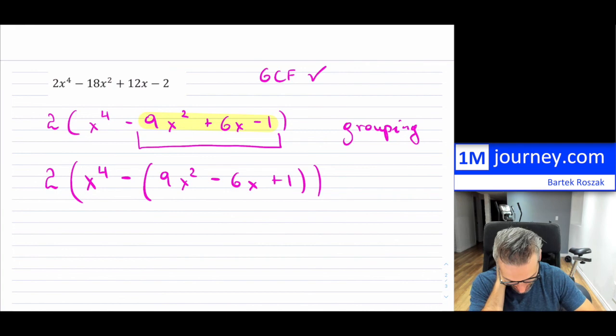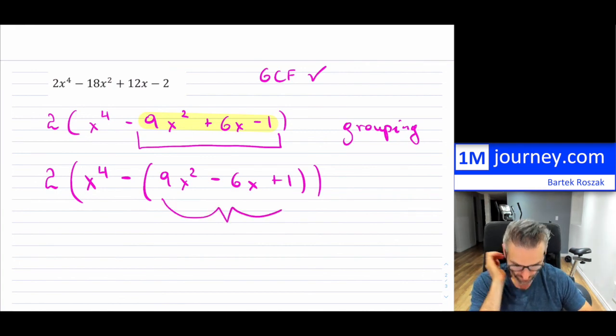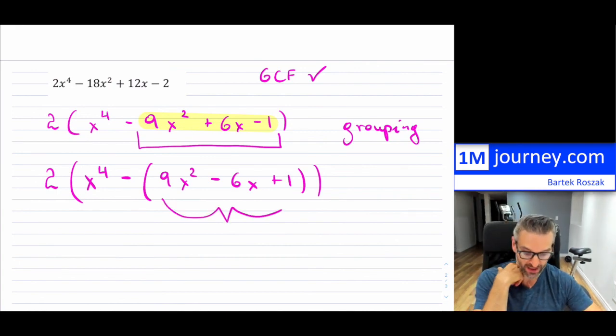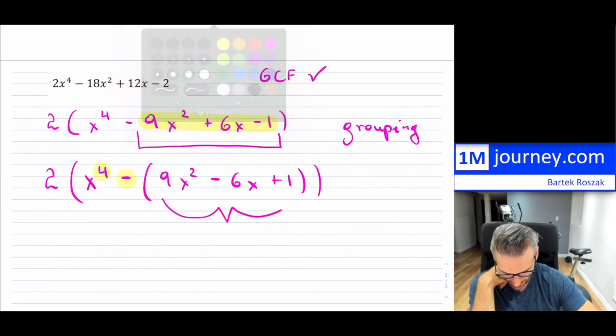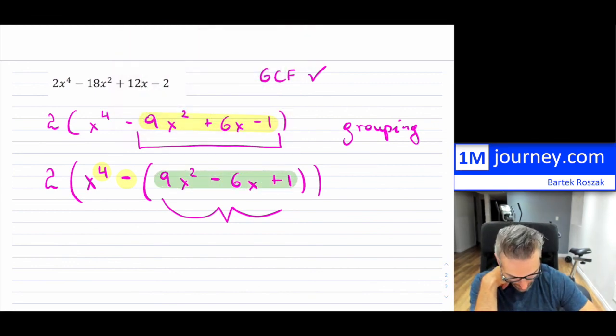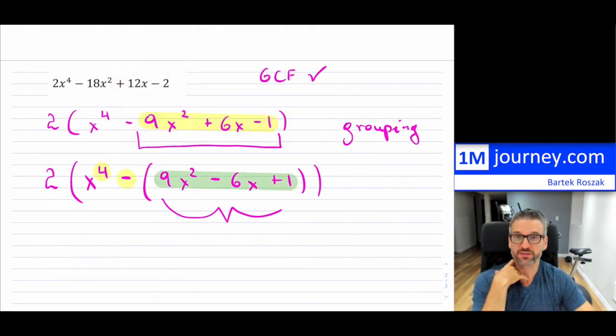Now, right here, what can I do? What might help, and again, what I'm looking for is patterns in factoring. I can see that this is x to the 4. I can see that this is a minus. So if this entire thing here is some kind of a perfect square, then we're going to have a difference of squares between the x to the 4 minus something which is a perfect square.